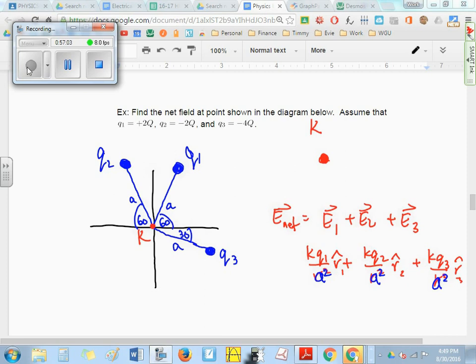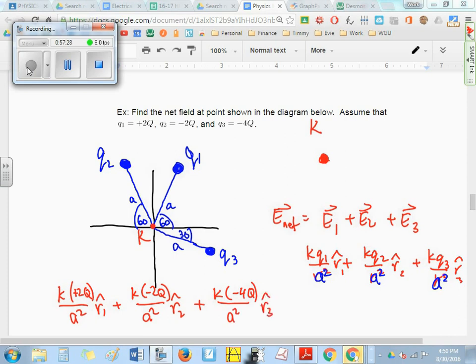So we're going to have K times positive 2Q over A squared, and that's R1 hat, plus K times negative 2Q all over A squared, and that's R2 hat, and then plus K times negative 4Q over A squared, and that's R3 hat. Okay?